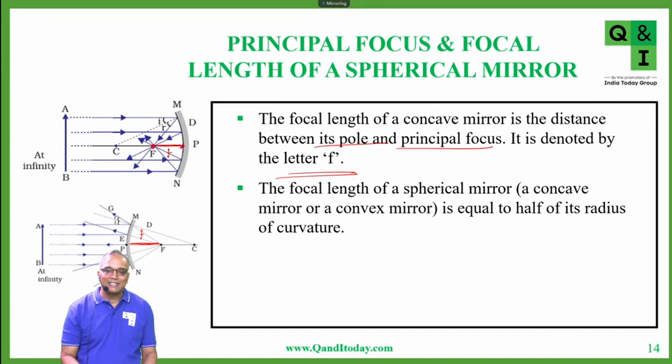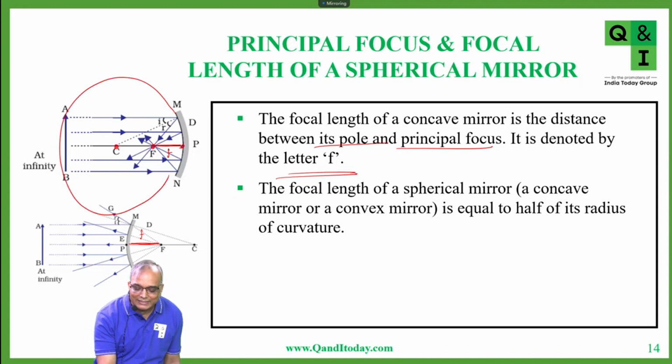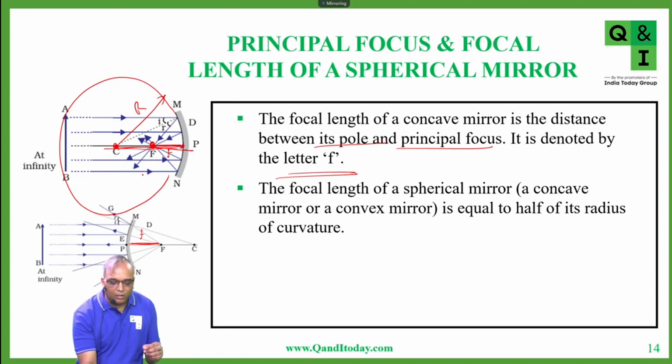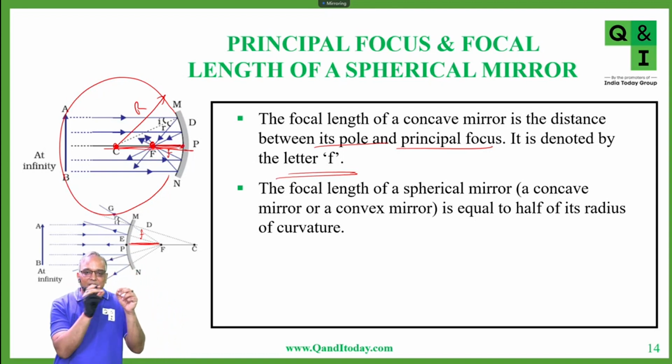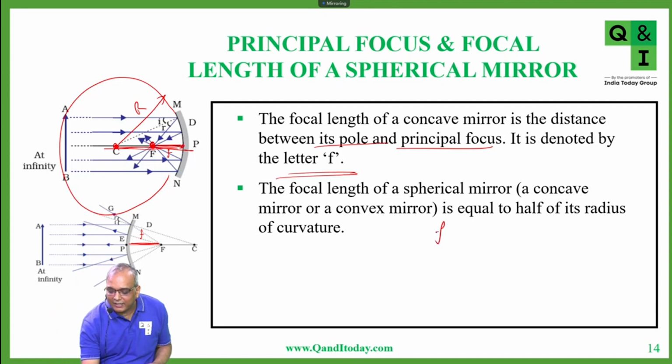Now try and understand what it means. If I complete this sphere, let's say this is your center of curvature. So this is your radius of curvature, from here to here. Focal length is the midpoint of the line segment joining the center of curvature and pole. So that means your focal length will be half the radius of curvature.